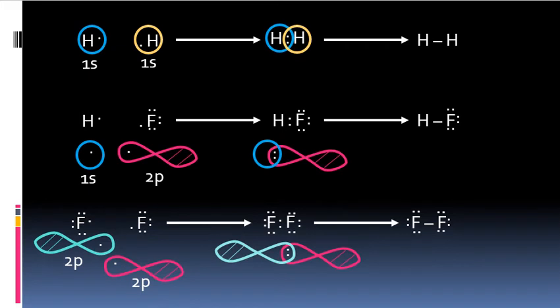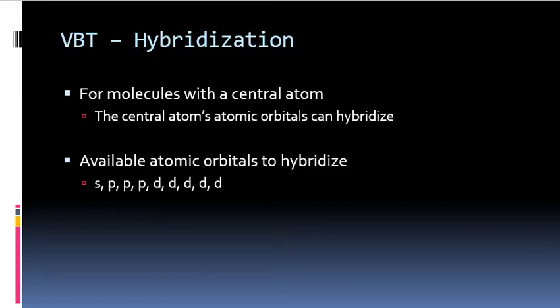Alright, cool. Now, in valence bond theory, there is a situation called hybridization. This is where the central atom is bound to more than one atom. Essentially, it states that the central atom will need to hybridize its atomic orbitals in such a way that it can satisfactorily bind or overlap with the atomic orbitals of the bonded outer atoms.